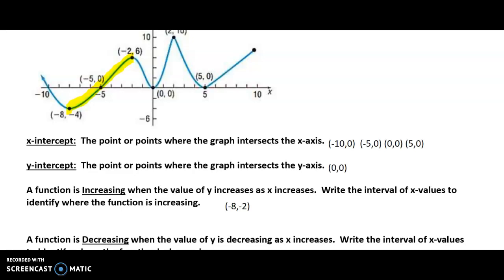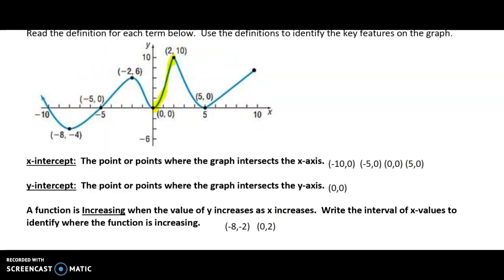So again, looking at the graph, from an x value of -8 to an x value of -2, this is where the function is increasing. Okay, so again, the highlight, -8 to -2 along the x-axis, that's where this function is increasing.